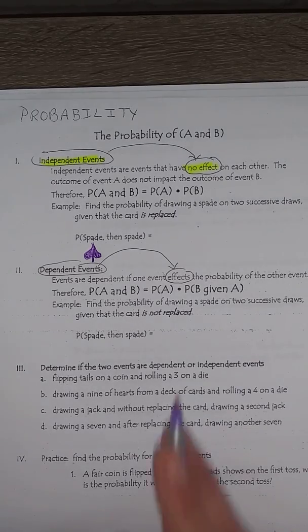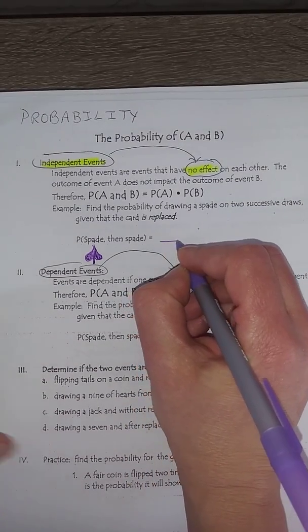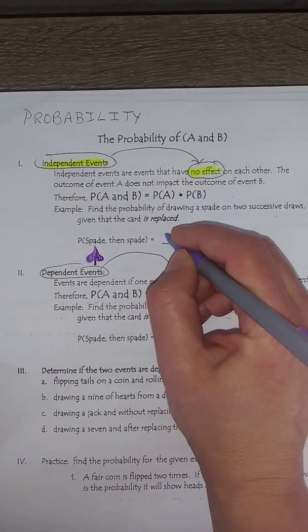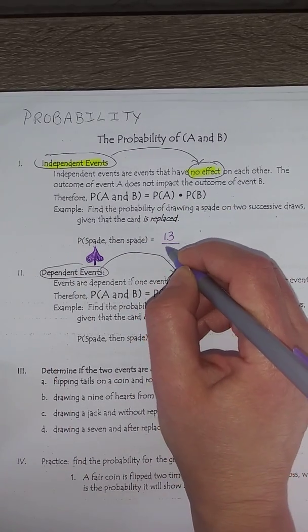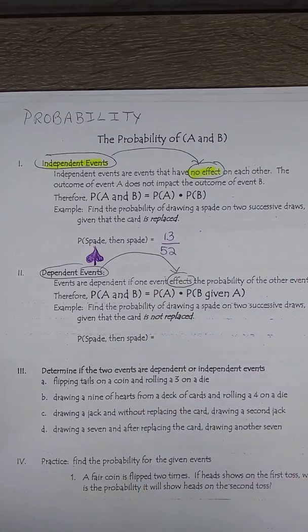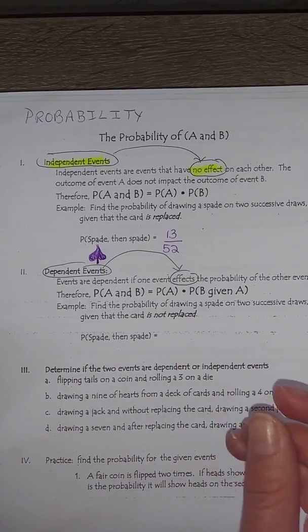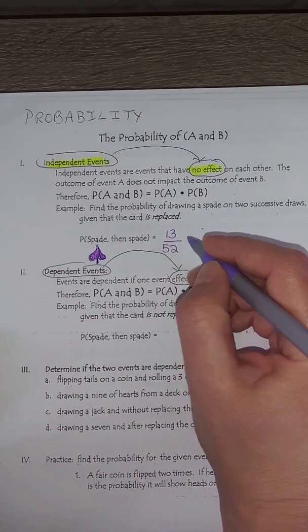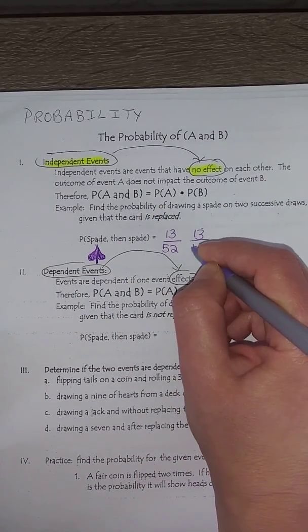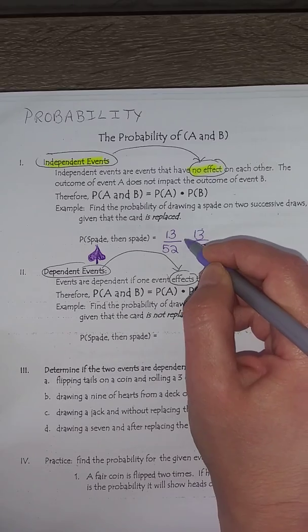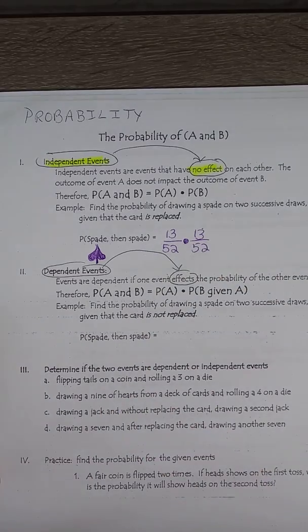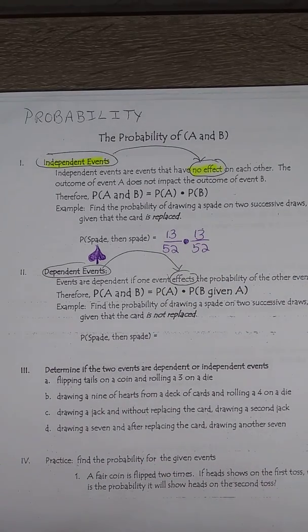So the probability of getting a spade: there are 13 of those cards in the entire deck, which has 52 cards. And if I pick out a spade, and then when I go to do it again, I put it back, then there's still going to be 13 cards, and there's still going to be 52 total. I could have drawn a tree diagram for that, but this is like the counting principle kind of thing.